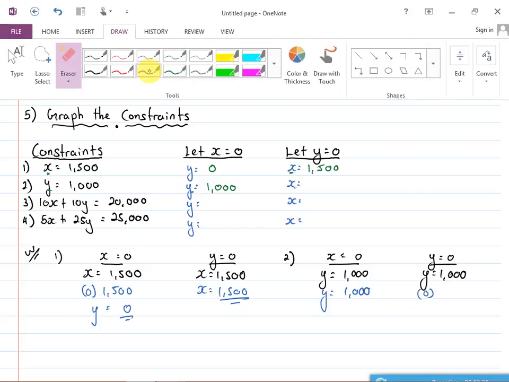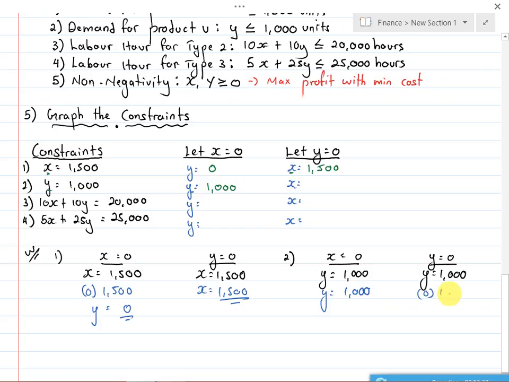That means you times with 1000, am I right? You should get one here. When y equals to 0, what answer you should get? X. X should be how much? 0. Finally. X is 0, not y is 0. Understand, Gita? Okay. So over here, 0.